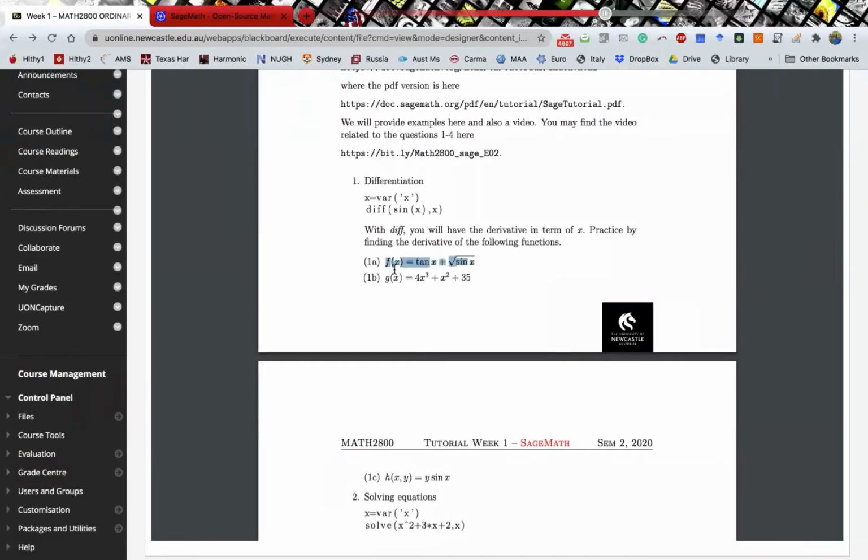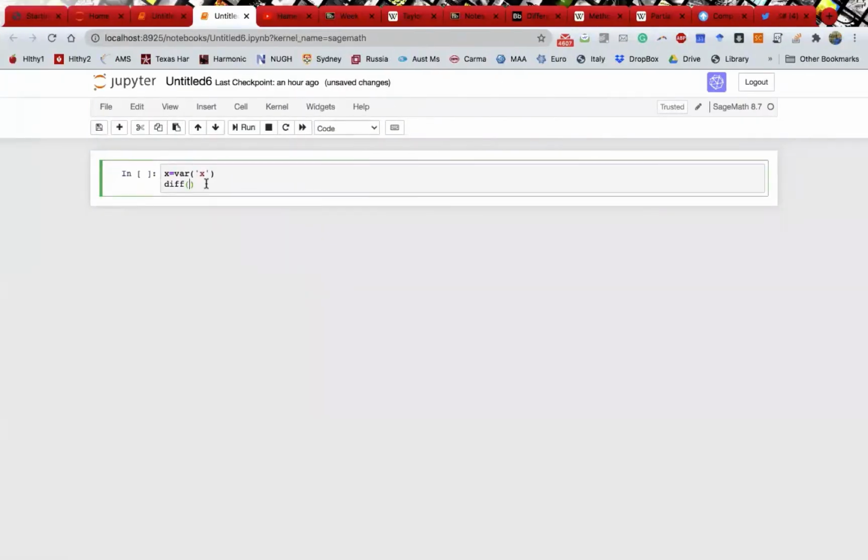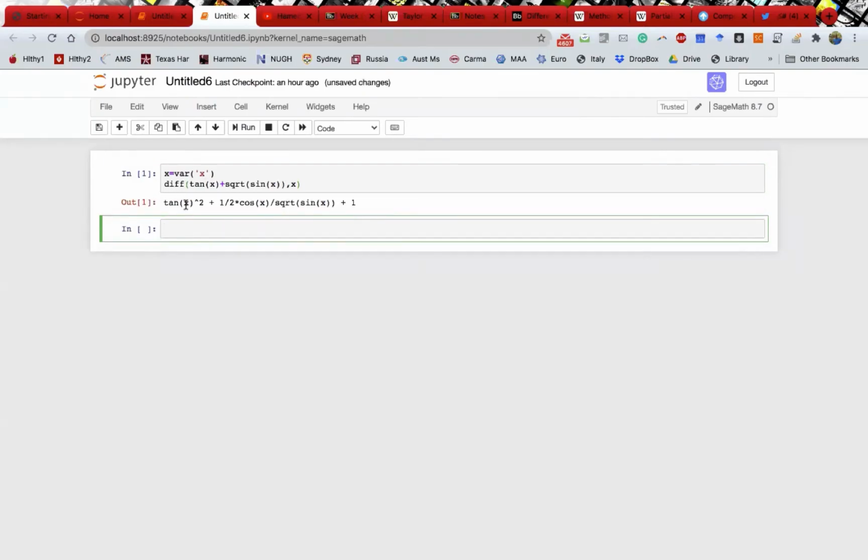This one. I'm writing tangent of x plus sqrt of x. So after writing this, shift enter. Okay, this is the function.